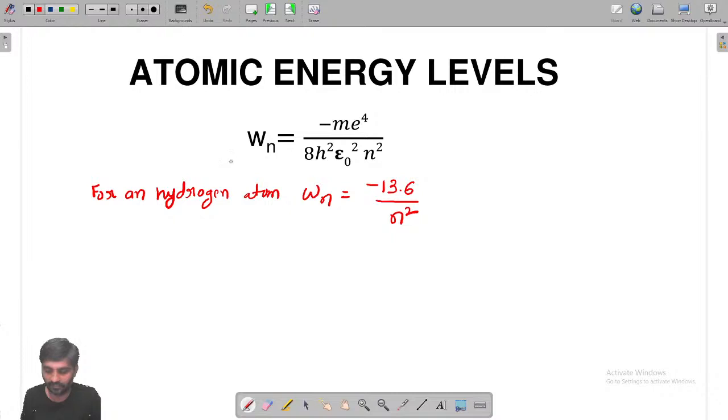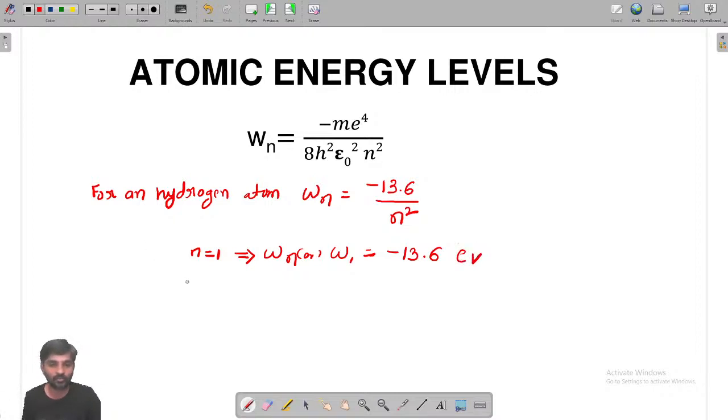Now let's consider different values of n. So let n is equal to 1. For n is equal to 1, what is Wn, or we call it as W1? The energy value is going to be minus 13.6 electron volts.